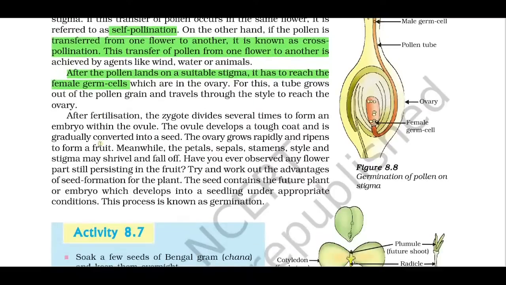After this, what happens? The fertilization takes place. After fertilization, the resulting zygote divides several times to form an embryo within the ovule. The ovule develops a tough coat and is gradually converted into seeds. The ovary grows rapidly and ripens to form a fruit. The petals, sepals, stamen, style and stigma may shrivel and fall off.